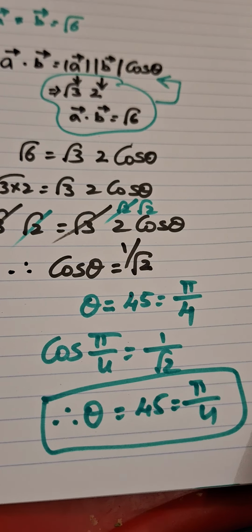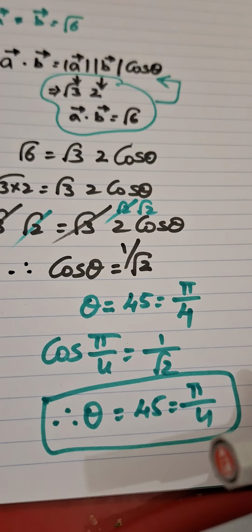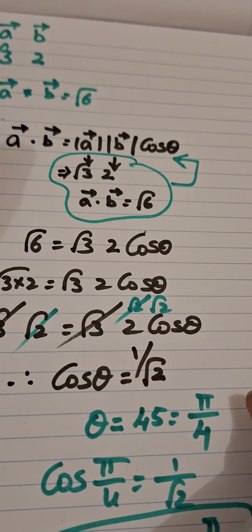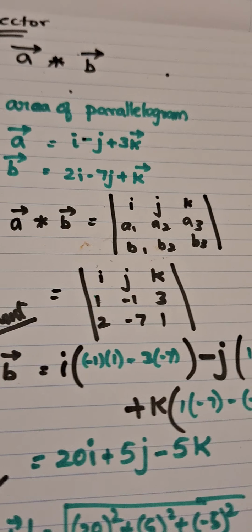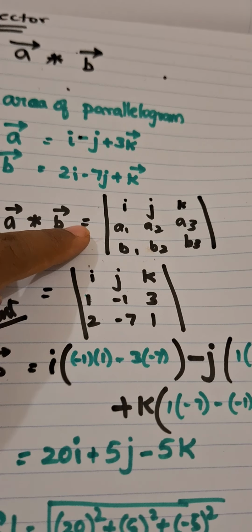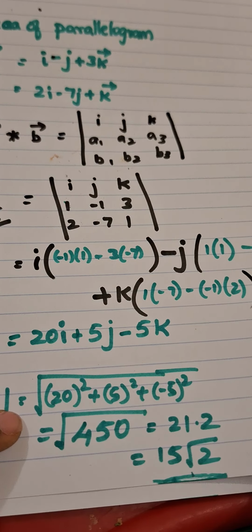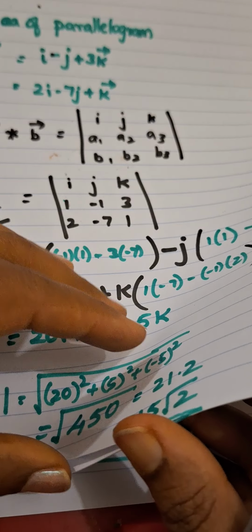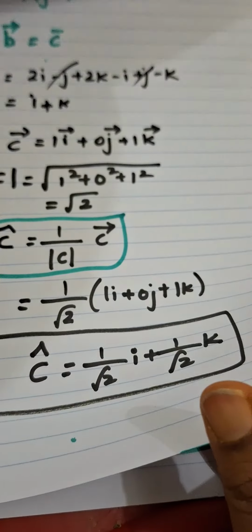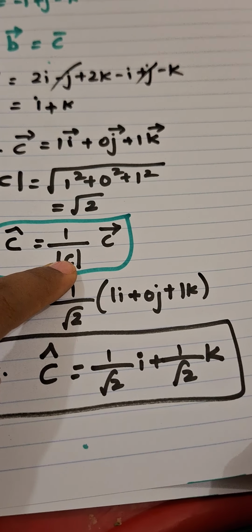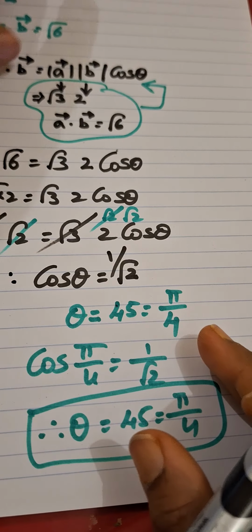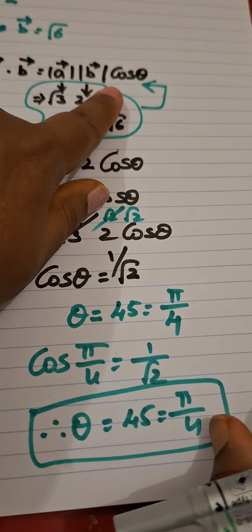So finally, what did we learn? What is a vector, and what is the product of vectors. Then from the product of the vectors we solved the determinant and the magnitude. The same thing we applied to calculate the unit vector. Unit vector is this formula, and the multiplication of the vectors is this formula.